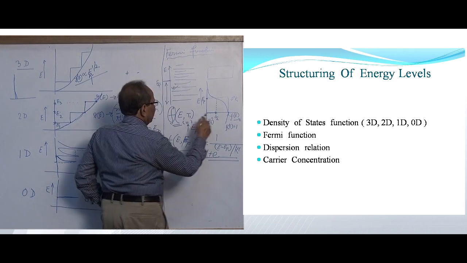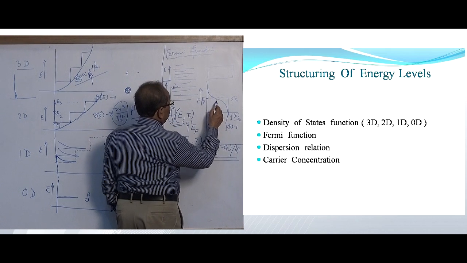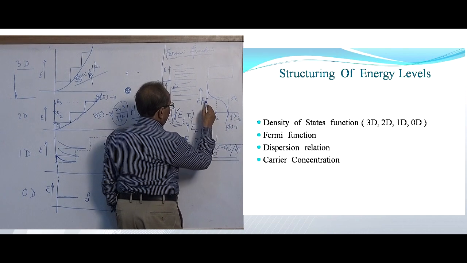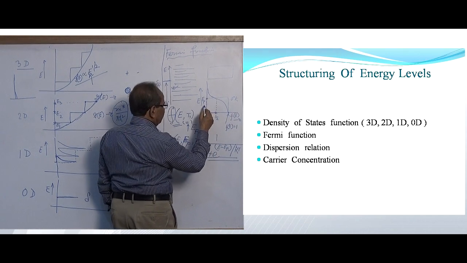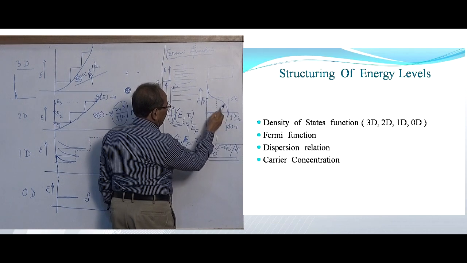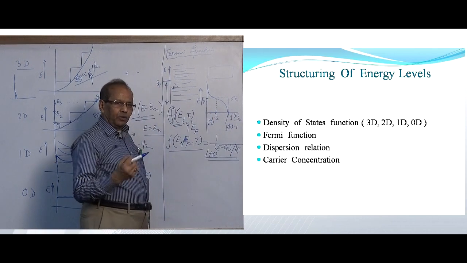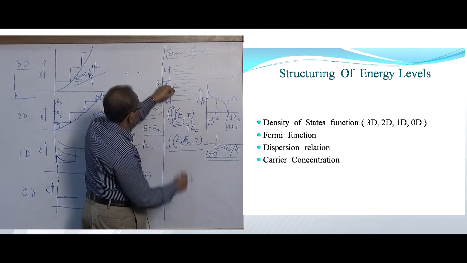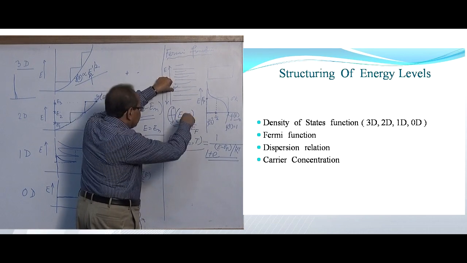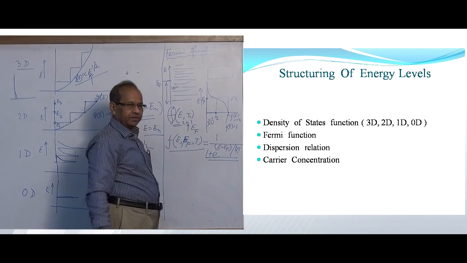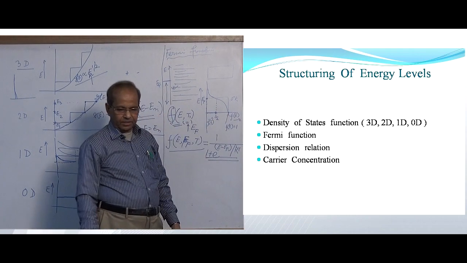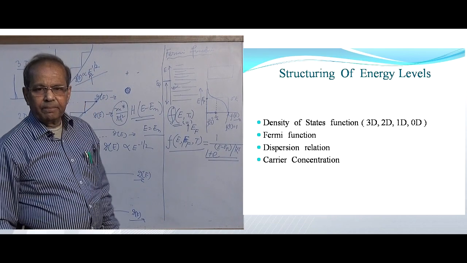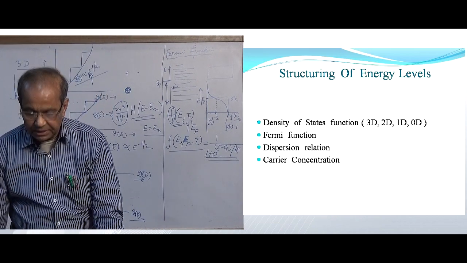And also you see that if the energy is lower than the Fermi level, then the probability increases. So the lower energy levels have a better option to accept electrons. From here the probability is higher. That is the conclusion of this Fermi function.